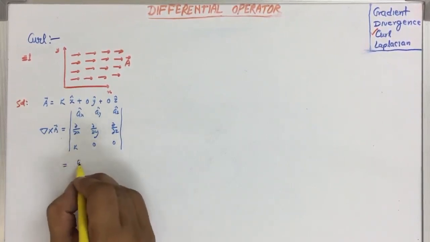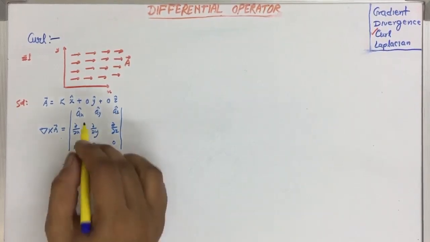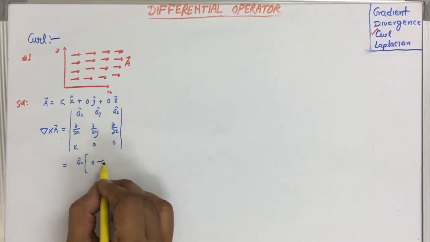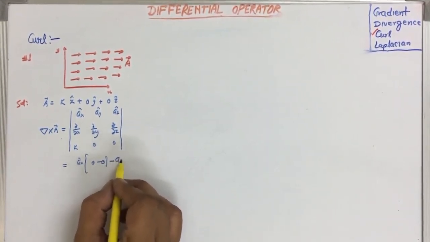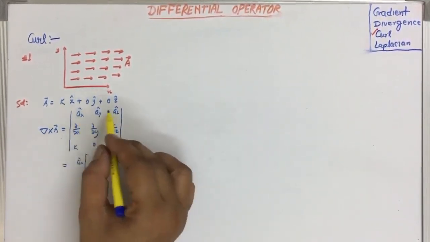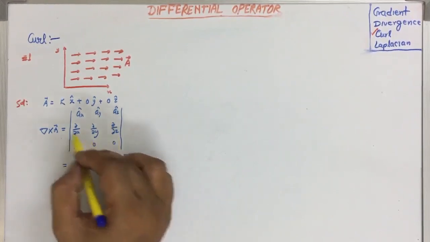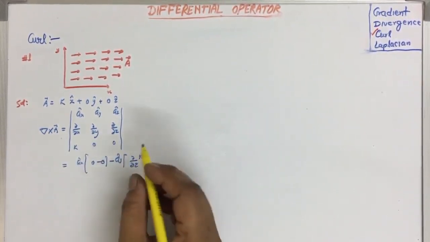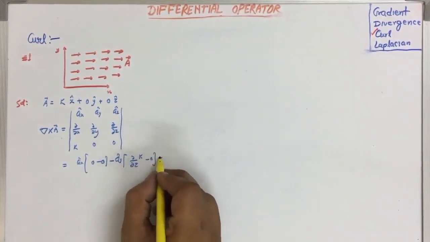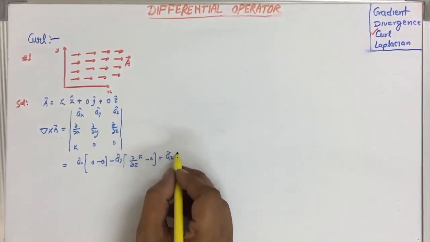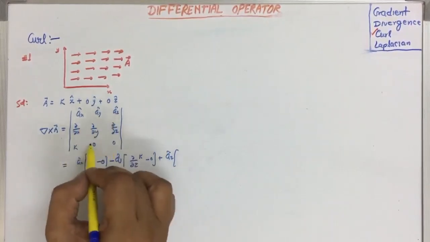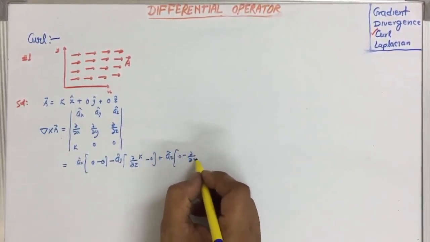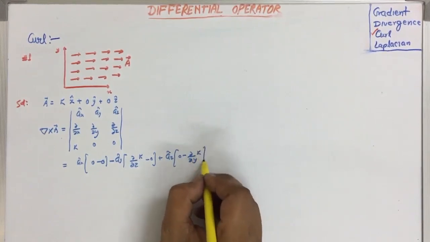Now try to find the determinant. In that case it will be this minus this, minus ay, this minus this. So it will be del over del z of constant k minus 0, plus az, 0 minus this, del over del y of constant k.